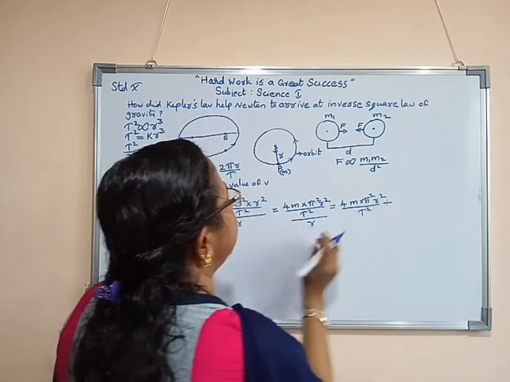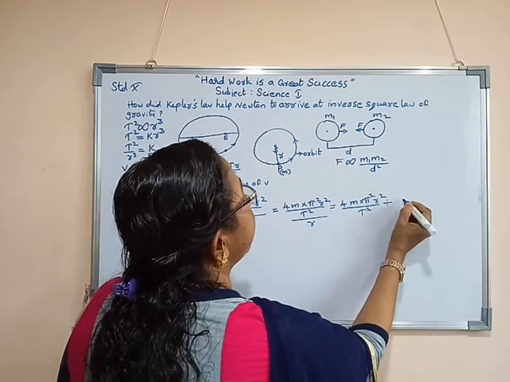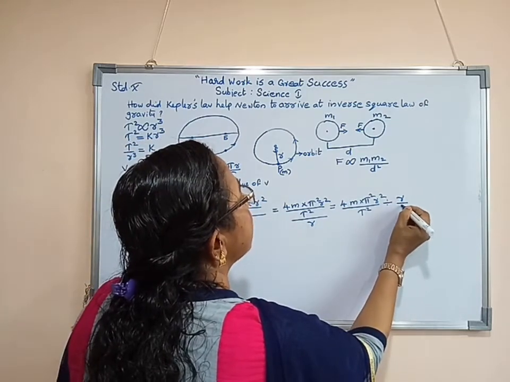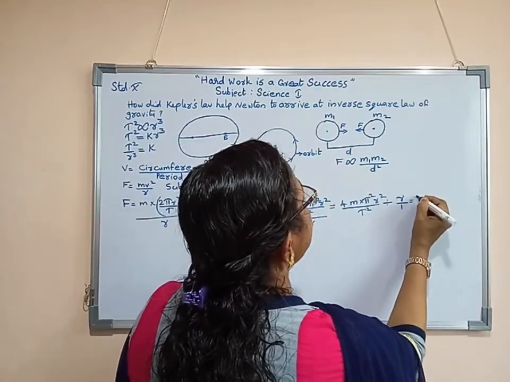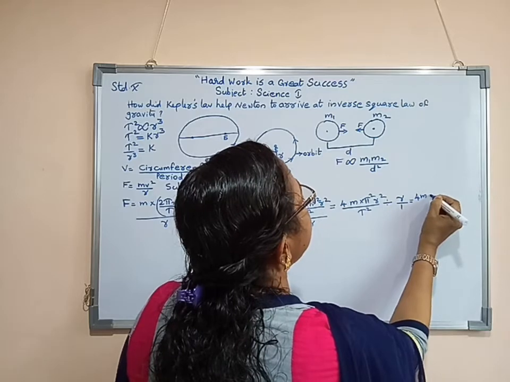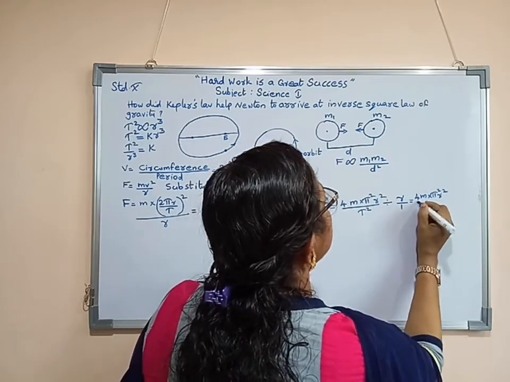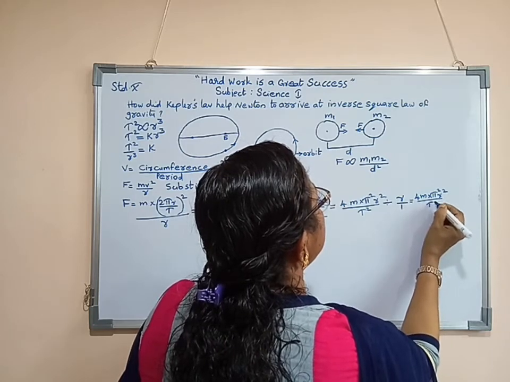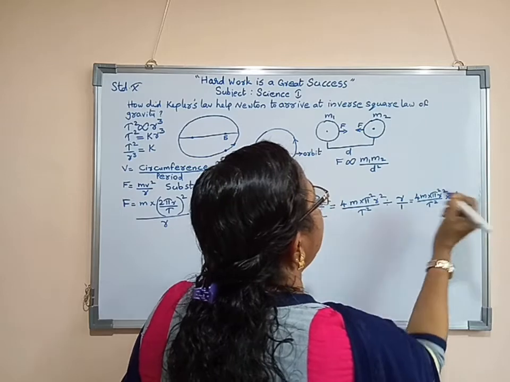Now what I am doing is writing this in the division form, divided by r. R means r upon 1. The same thing we can write as 4m into pi square r square upon t square into 1 upon r.